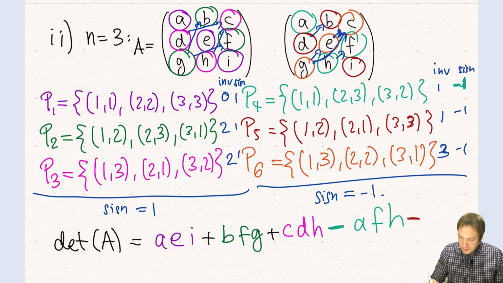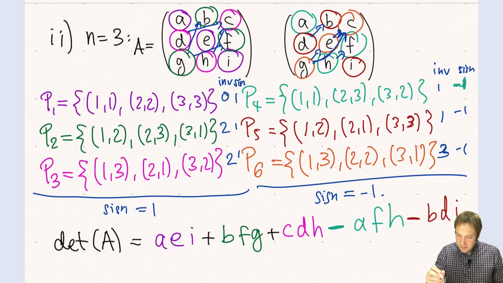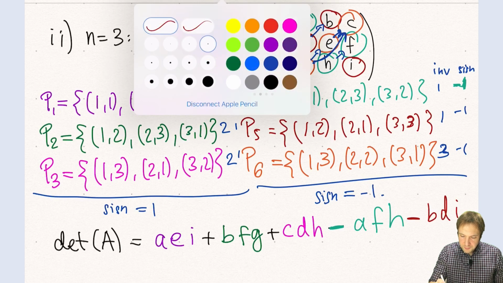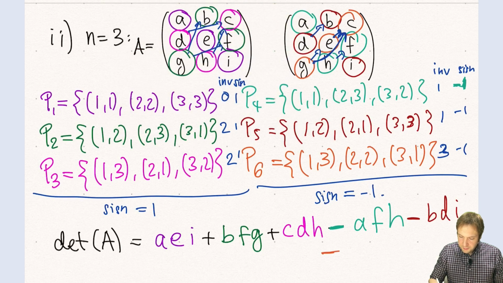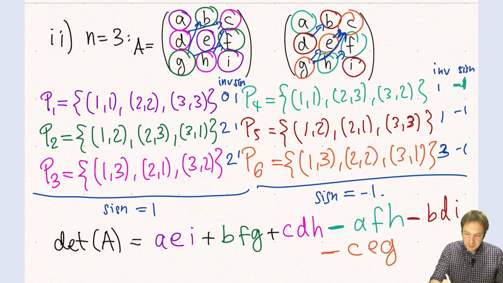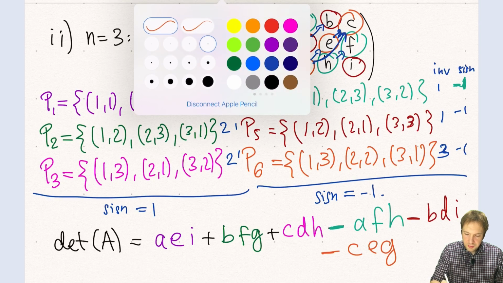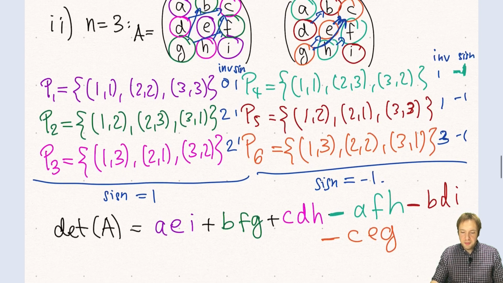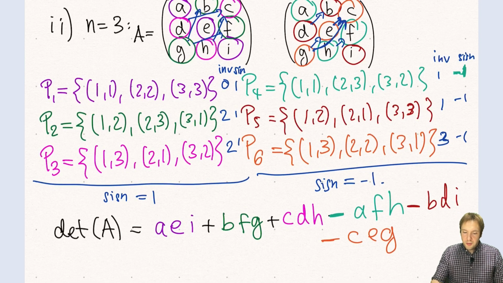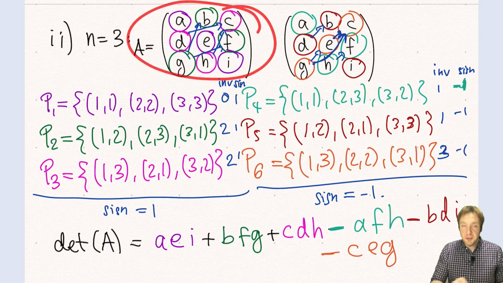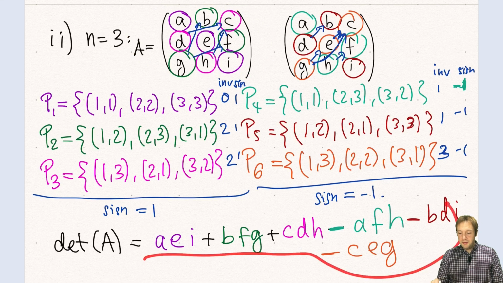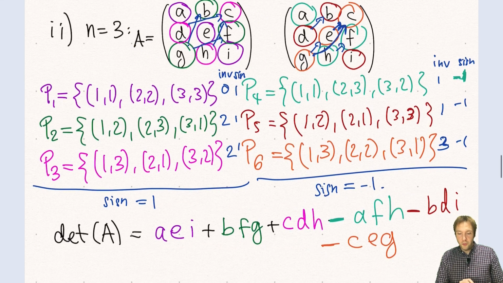So here we have minus, now the one B, D, I, and orange minus C, E, G. Okay, so you see the determinant of this general 3 by 3 matrix here is given by this explicit formula here.